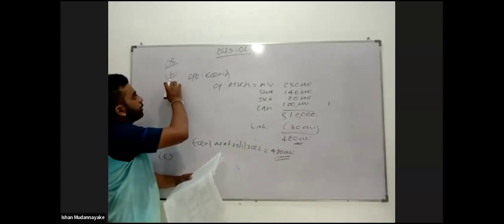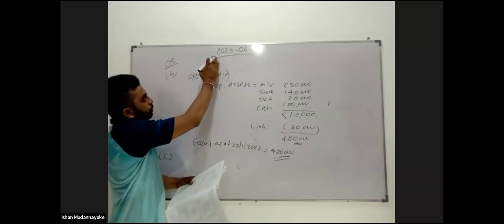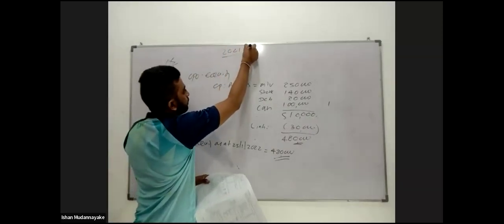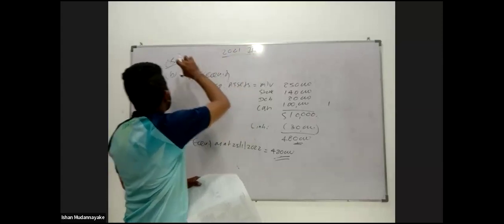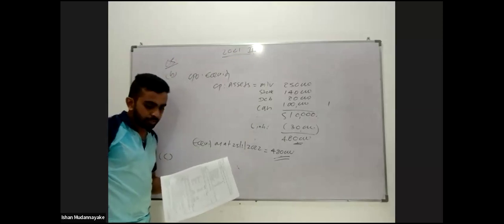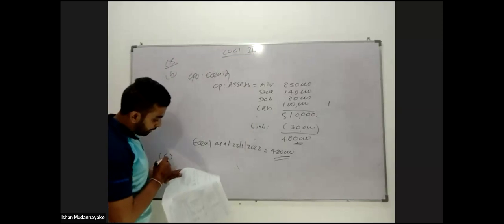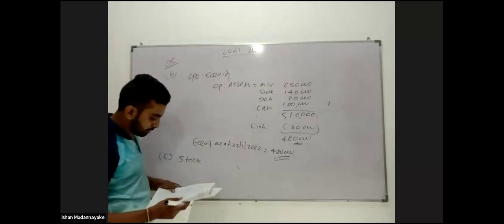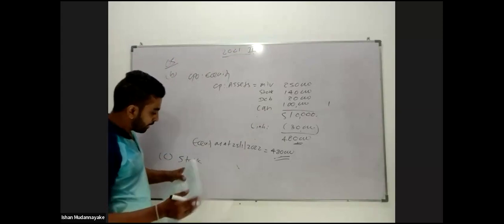We are in question number 5, 2021 paper, second paper, part C. What is the amount of total current assets?